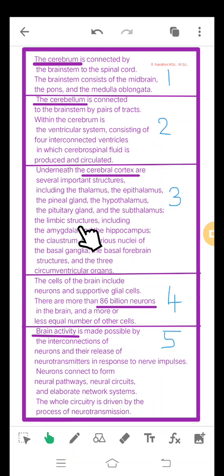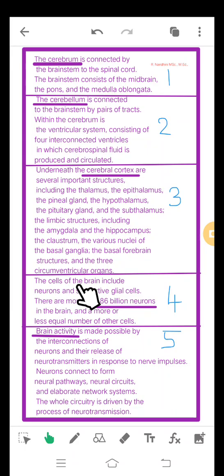The limbic structures including the amygdala and the hippocampus, the claustrum, the various nuclei of the basal ganglia, the basal forebrain structures, and the 3 circumventricular organs.